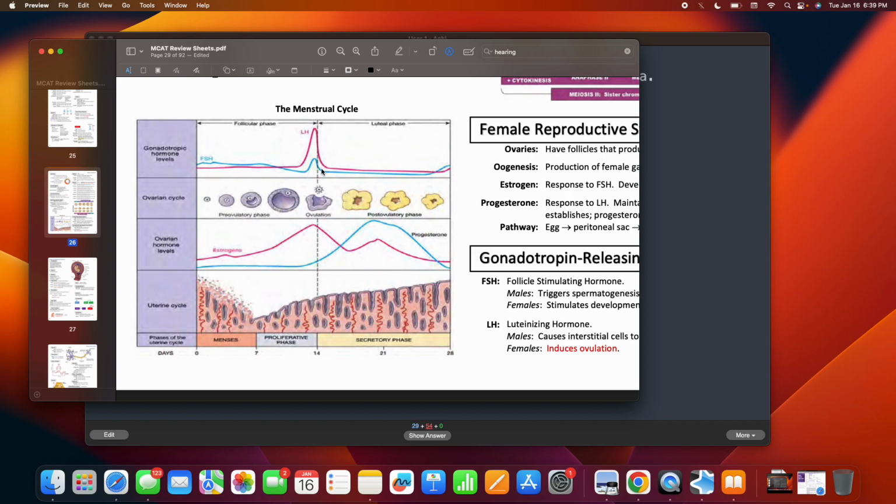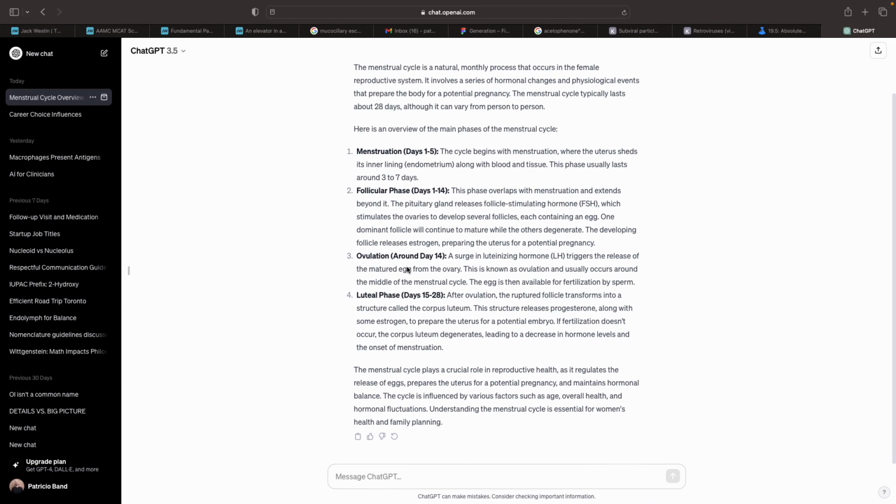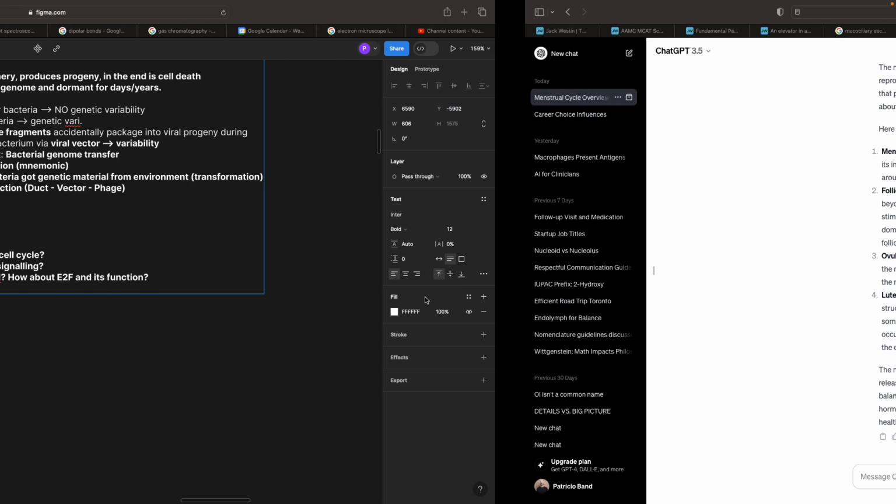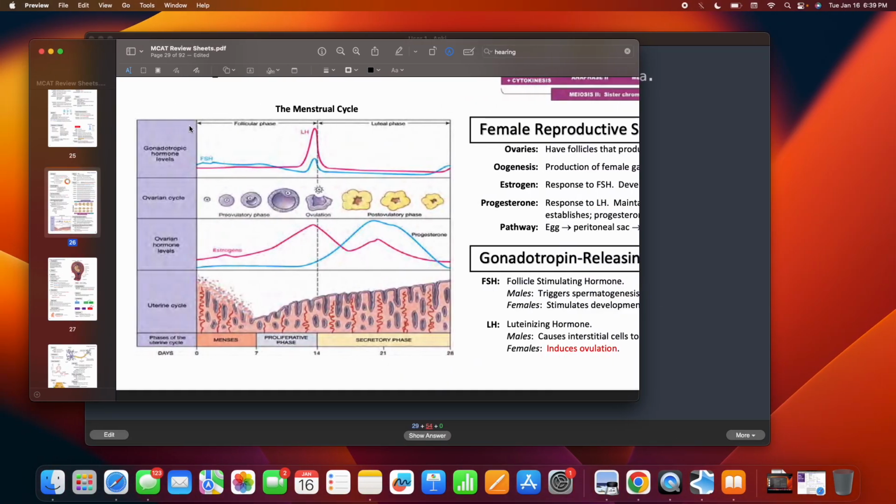And this will be the beginning of the luteal phase, days 15 to 28. So we had the menstruation days 1 to 5. Phases of the uterine cycle: menses, then proliferative phase, and the secretory phase. You have ovarian hormone levels. The estrogen peaks at ovulation, and then we also have progesterone, which we'll talk about.